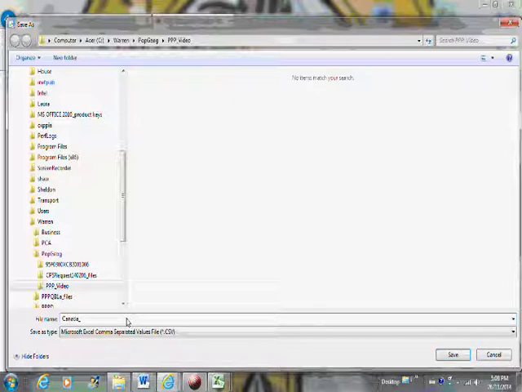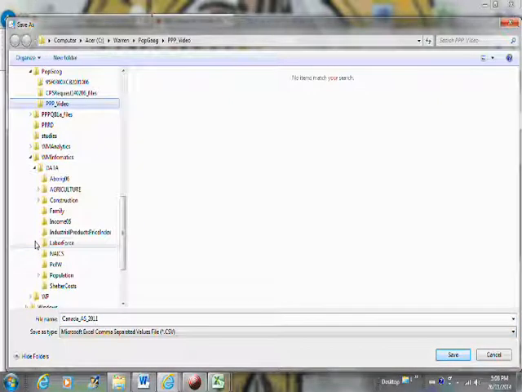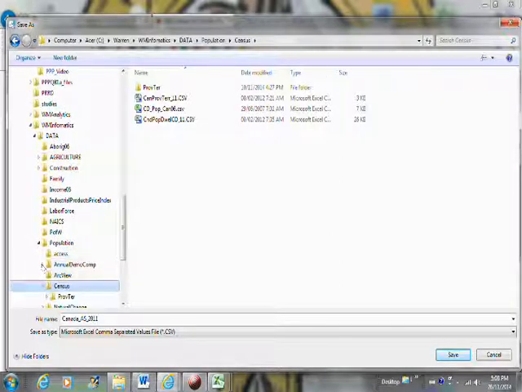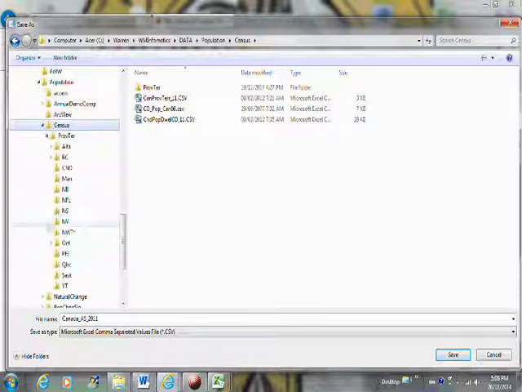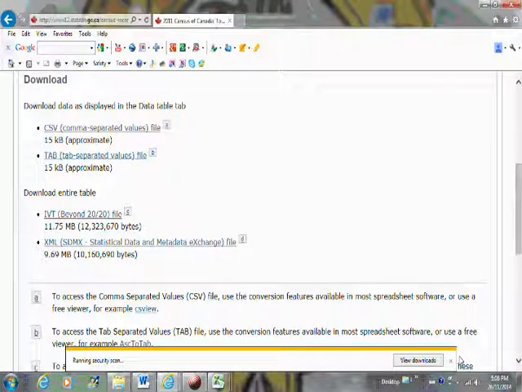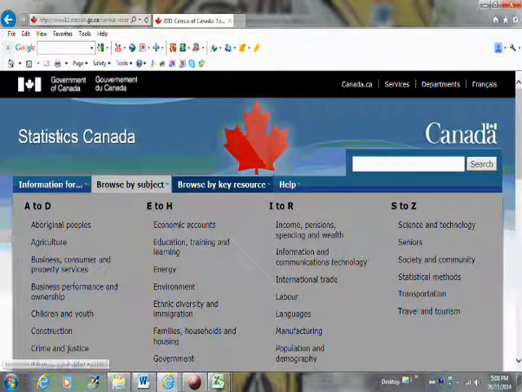I'm going to go Canada, age, sex, and underscore what year, and save it as a CSV into a file. Which file am I going to want to put it into? Of course, into my population census of population file, and I'm going to drop it into here. So save. Great.